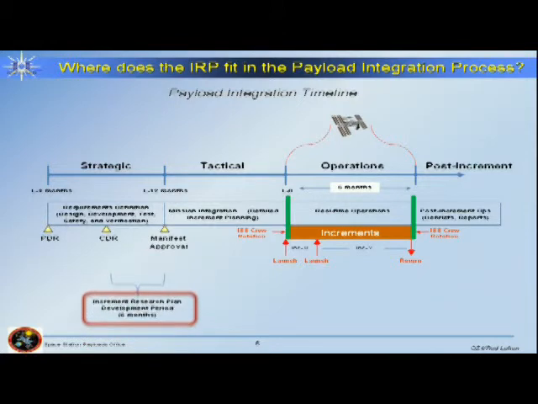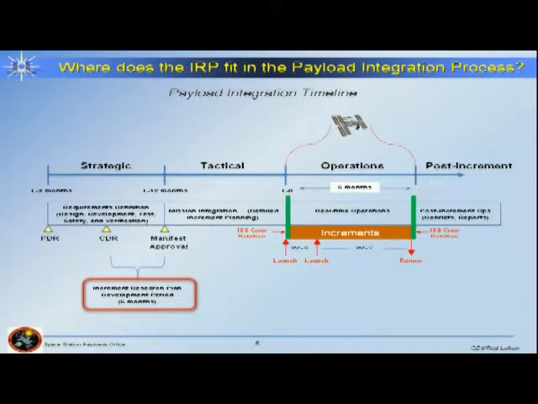The IRP is developed over a 6-month period. We back it up from the time period where we want to have the increment start. So over about an I-18, or 6-month period, we develop the IRP. It fits in about a year or so before the increment start.